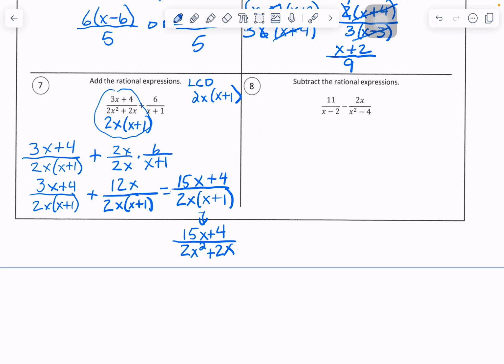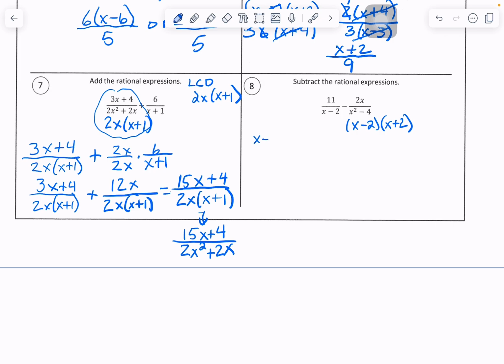All right, let's go to the last one. The only thing to factor here is x minus 2 and x plus 2, the difference of two squares. So again, the second fraction after the equal sign has both common factors. The first fraction is missing the x plus 2.